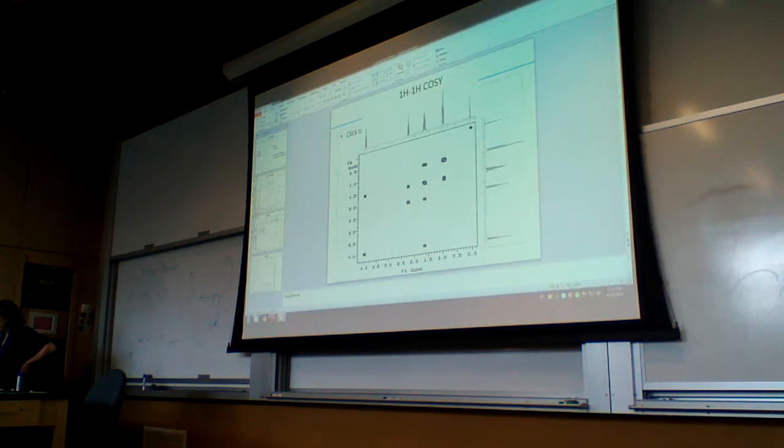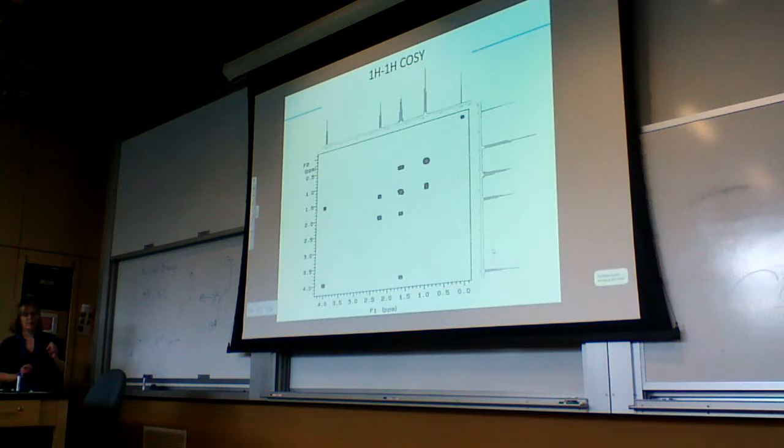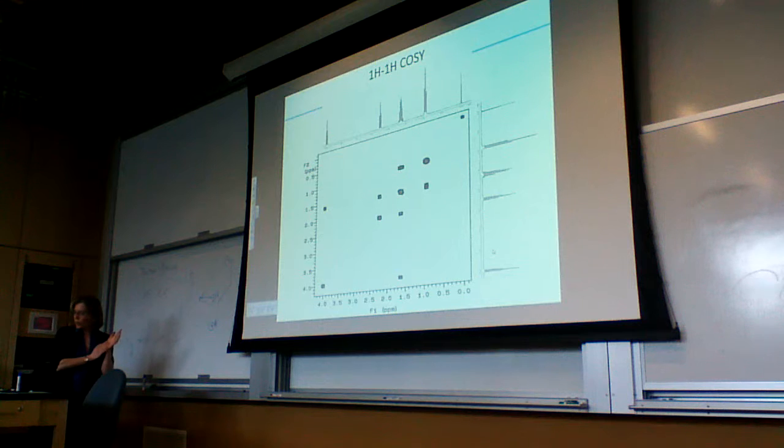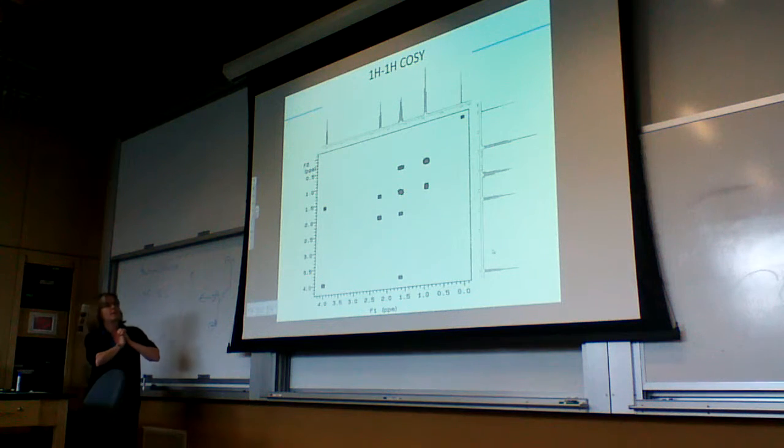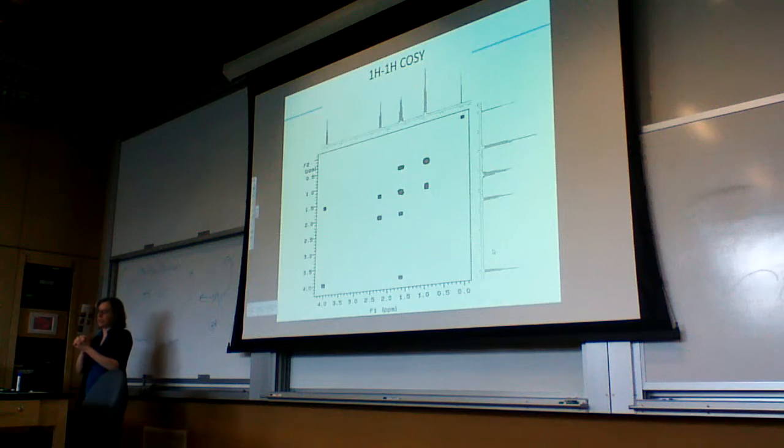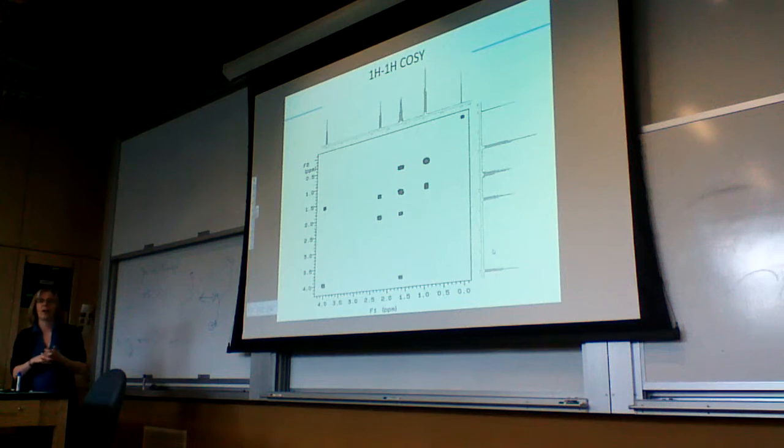So I pretty much got through my brief notes about what we wanted to talk about with COSY, but I have one more thing to mention, and then we'll go in and look at the COSY examples and how to analyze them. When you're analyzing this, you want to assign the cross peaks with the coupled hydrogens.